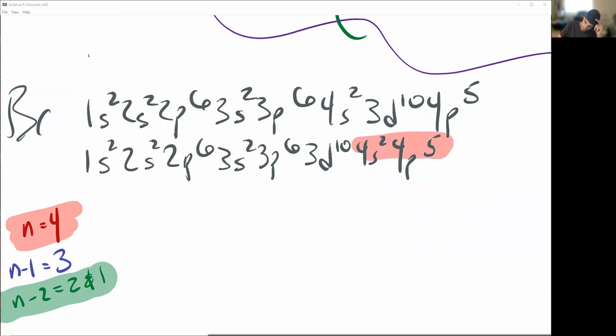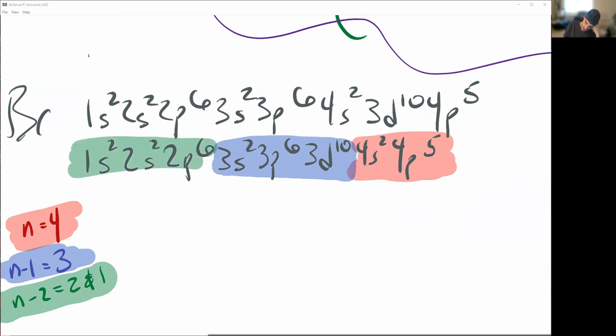Anything in the n minus 1 category is going to be all of the electrons that are in the 3. And then finally, all of the remaining electrons count as n minus 2 plus.